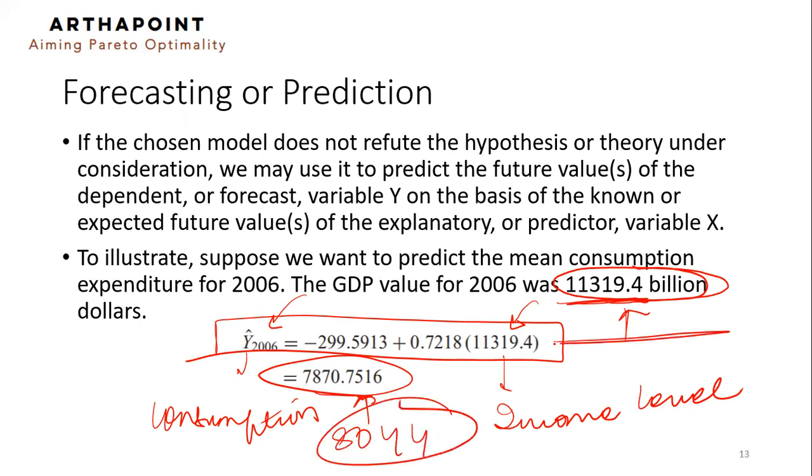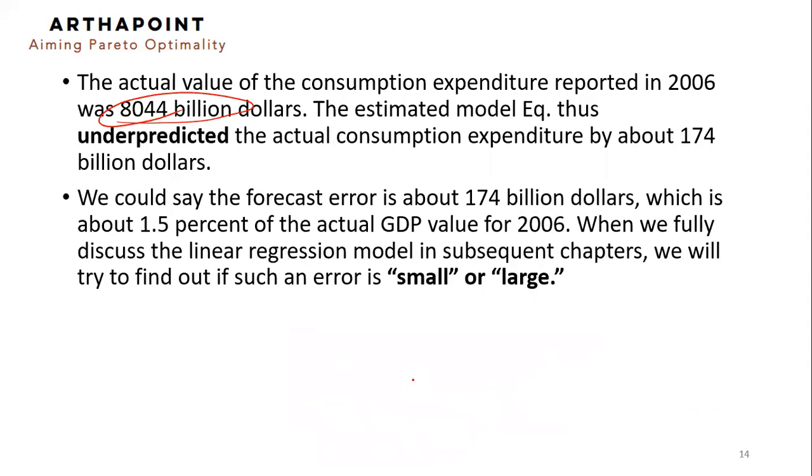But the model that I predicted gave me the value of 7870. So my model could predict that it is close to 8,000, but there was a gap that still existed. My model predicted that consumption will be 7870, and actually, when I collected data, consumption came out to be 8044.